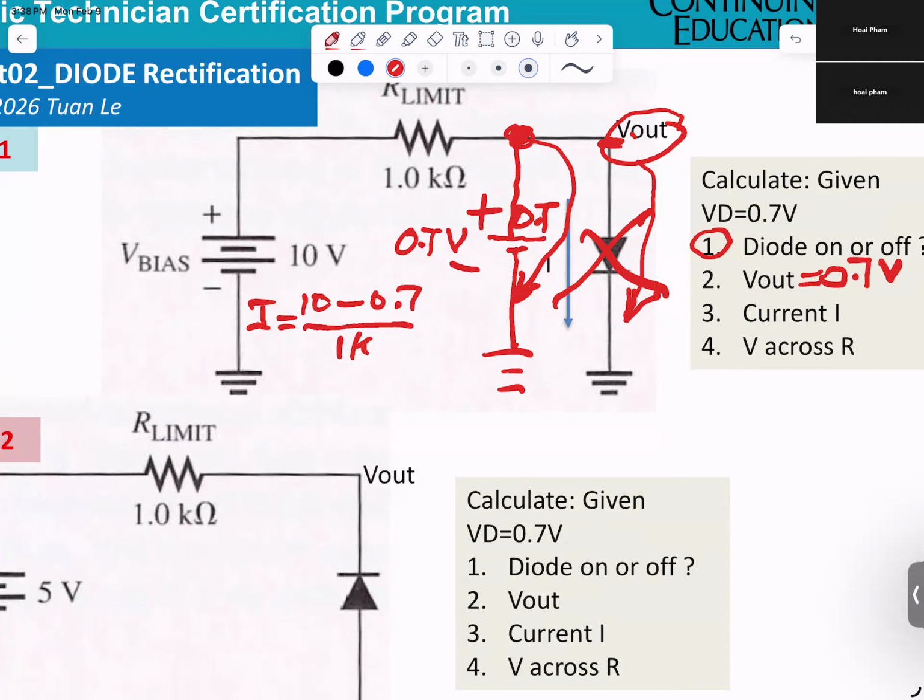That is the formula to calculate it. And the last, V across R, V equals I times R. Okay, you already have I. You already have R.